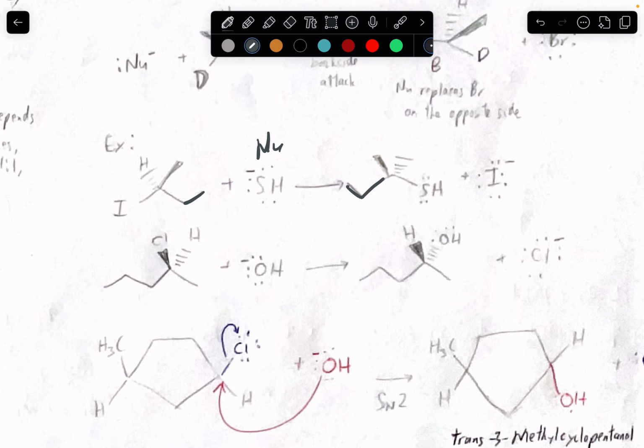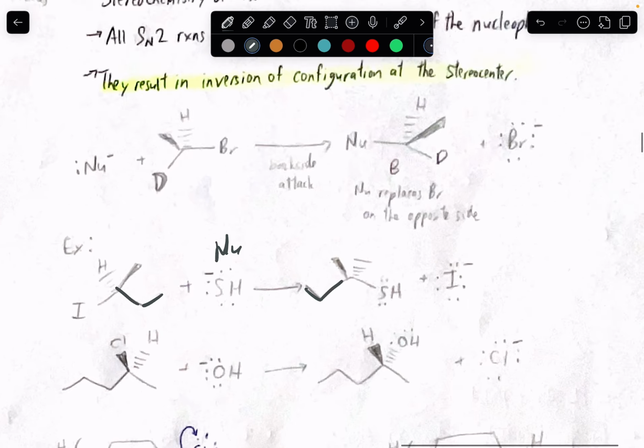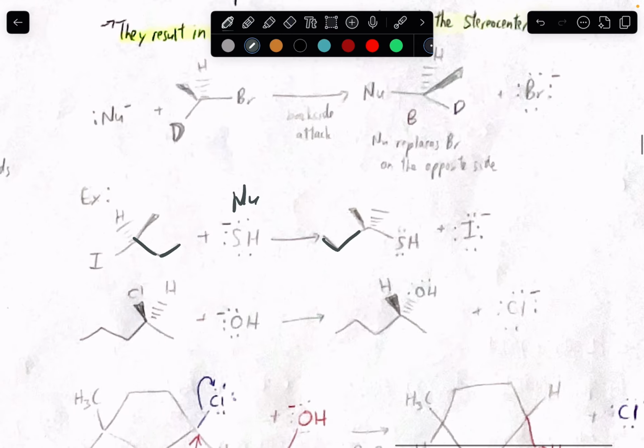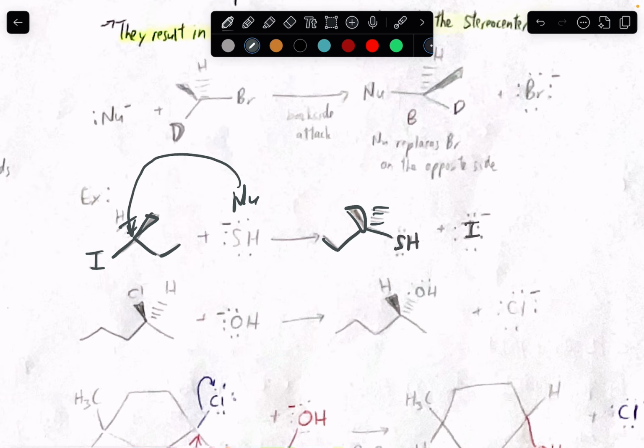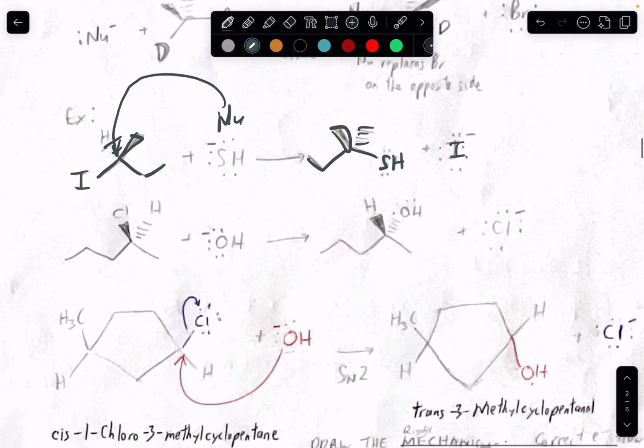Like that, like that. Symmetry. Shade over here, shade over there. Back, back. And then like that. And then just replace. So common sense will tell you, if you have iodine here, the nucleophile will attack the carbon. So what you have here is SH. I is left alone.